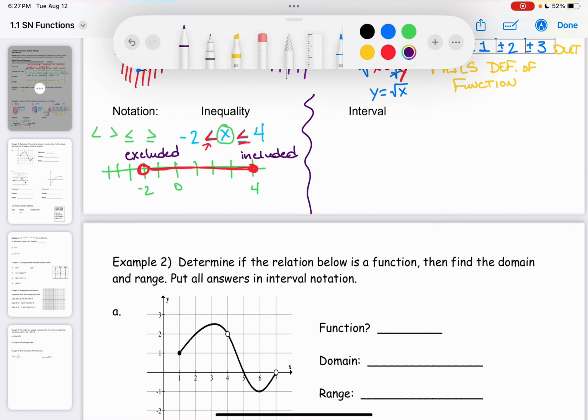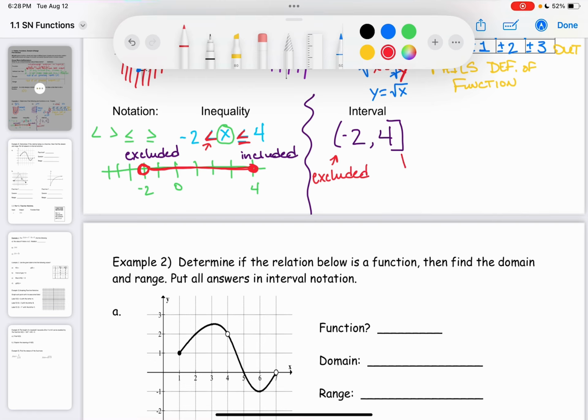And then for interval notation, I'm going to use the exact same numbers and the exact same number line. We would say the interval is from negative 2 to 4 with a bracket. What does the parenthesis mean? It means excluded.